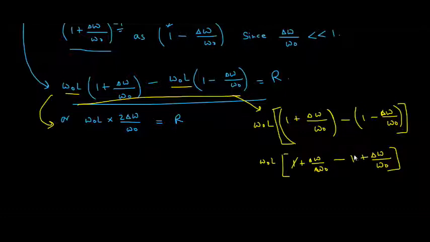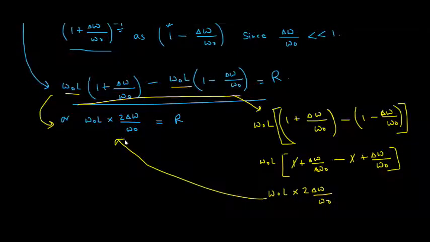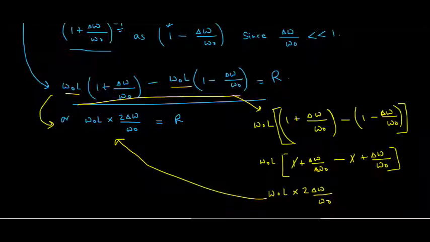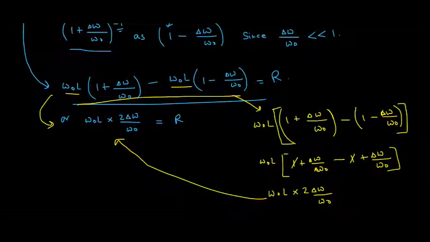So plus 1 minus 1 get cancelled. So what is left here? Omega naught L multiplied by delta omega upon omega naught plus delta omega upon omega naught, that is 2 delta omega upon omega naught. So same thing we have written here. So is it clear now how we got this value? Good.